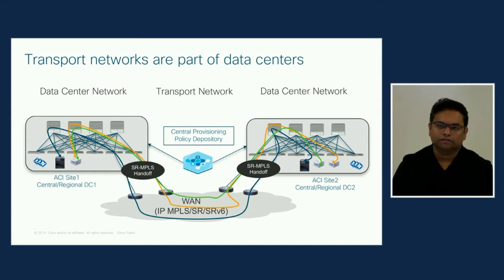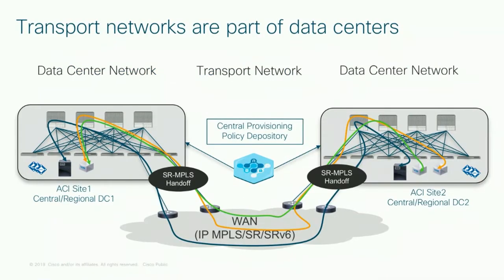So as your data centers scale across multiple geographies, your traffic between the servers, your east-west traffic, has to pass through the transport network. And there is an urgent need to be able to monitor and control this inter-DC traffic that is passing through the transport network. So for a massively scaled data center, the transport network is just an integral part of your data center network.